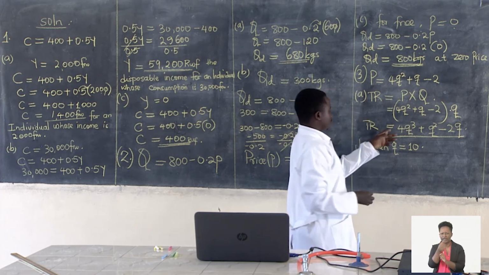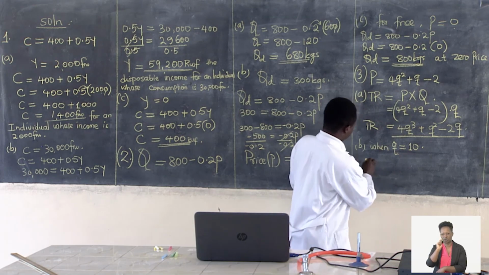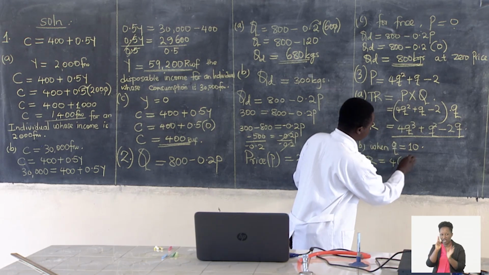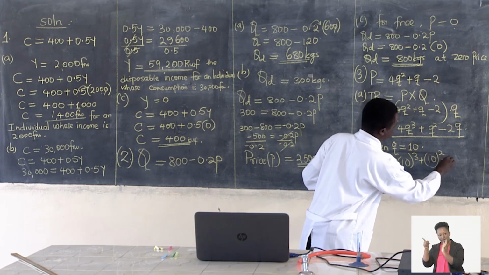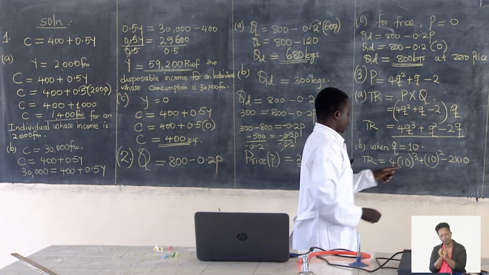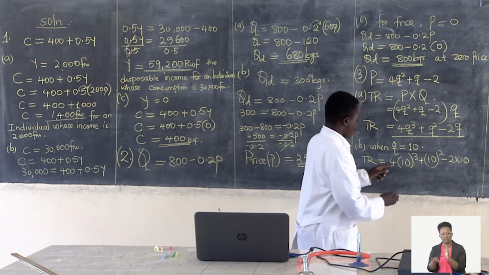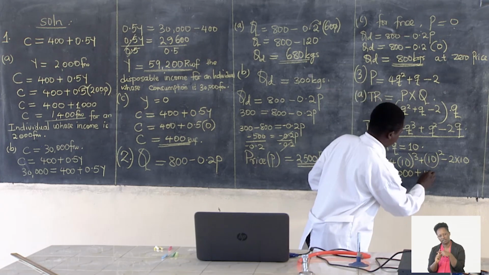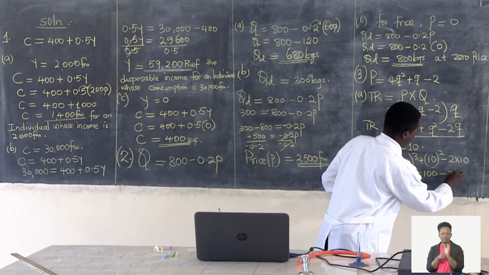You look at this total revenue function, then you substitute the value of Q. So our total revenue here will be 4 into 10 cubed plus 10 squared, then minus 2 times 10. 10 cubed is 1,000, then 1,000 times 4, you get 4,000. Plus 10 squared, that is 100. Then minus 20.